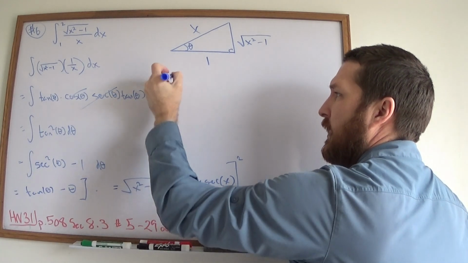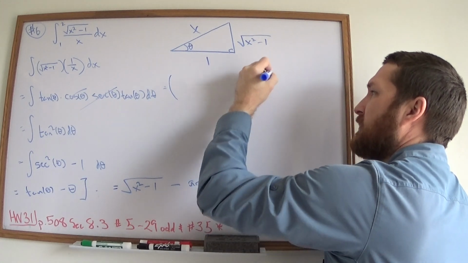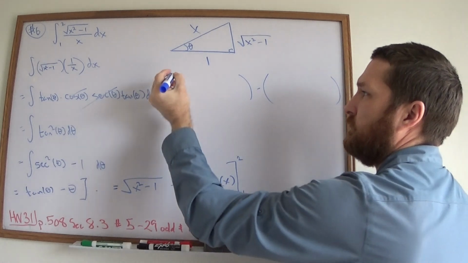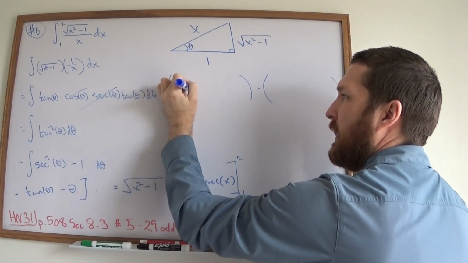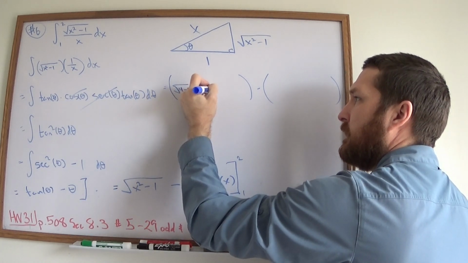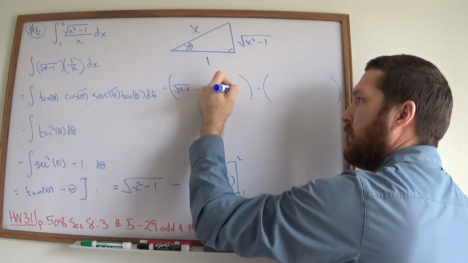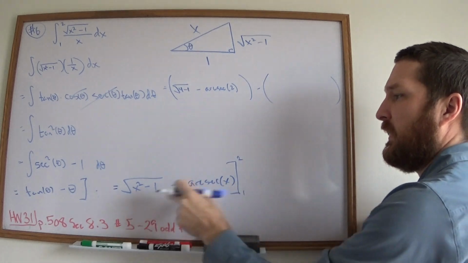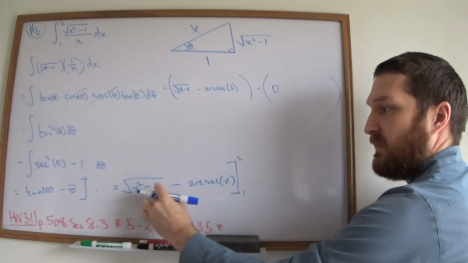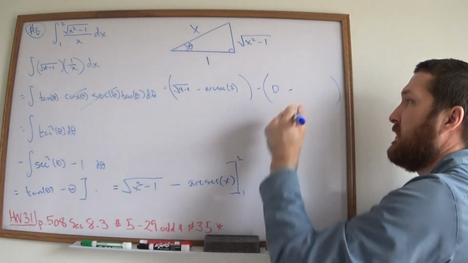I'm going to plug in a 2, minus plugging in a 1. Plugging in a 2 gives me root 4 minus 1 minus arc secant 2. Plugging in a 1 gives me root 1 minus 1, so that's a 0, minus arc secant 1.